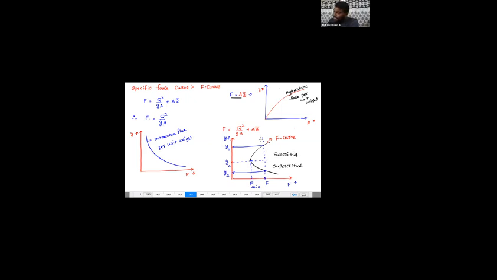In the case of specific energy, I told you, for any specific energy other than E minimum, there exist two depths known as alternate depths. Now, for the same specific force other than F minimum, there exist two depths, and those depths are known as conjugate depths or sequent depths.